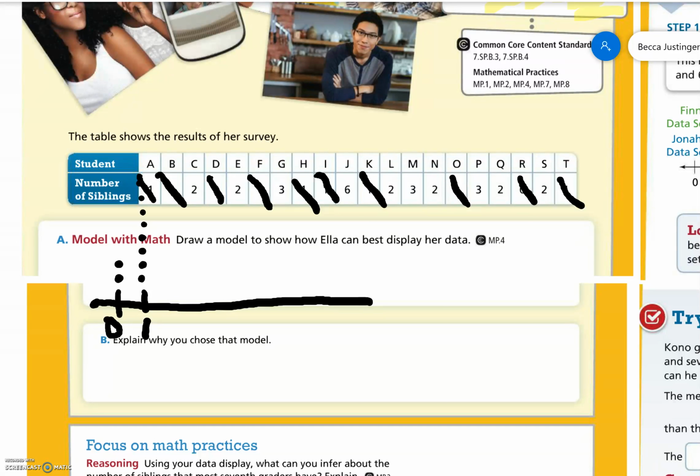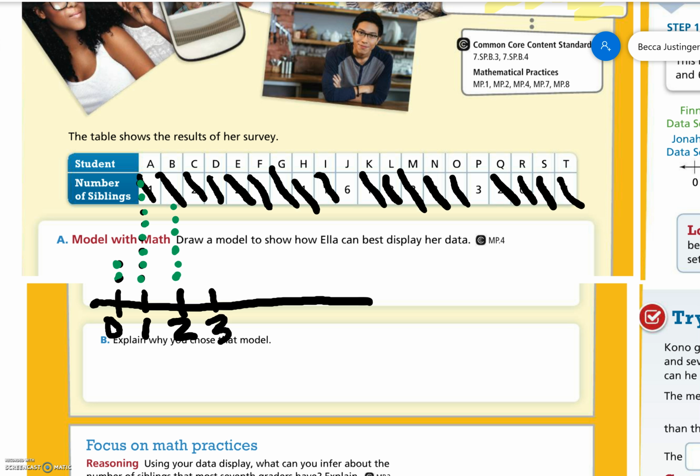Let me do that a different color so you can see them. 2 siblings, there's 6 people. 3 siblings is 3. 4 siblings, there's no one. 5 siblings, no one. 6 siblings, 1 person.